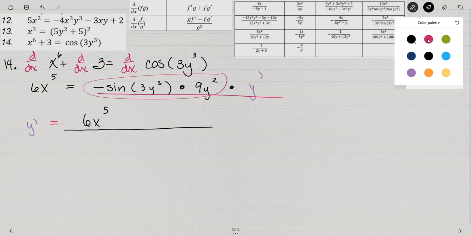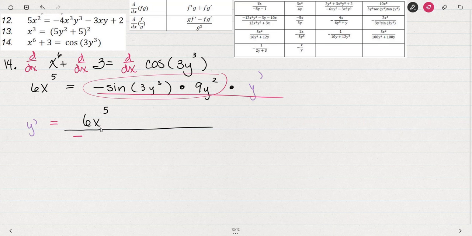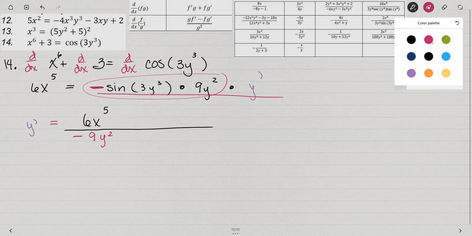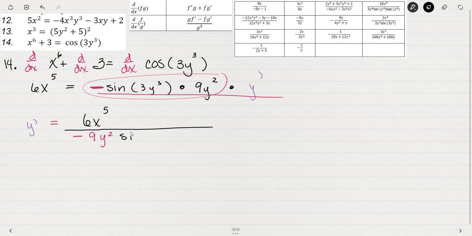The denominator, it's a little bit better form to pull that 9y squared up in front. So I'm going to say minus, that's this minus here, right? 9y squared times sine of 3y cubed, and that'll do it.